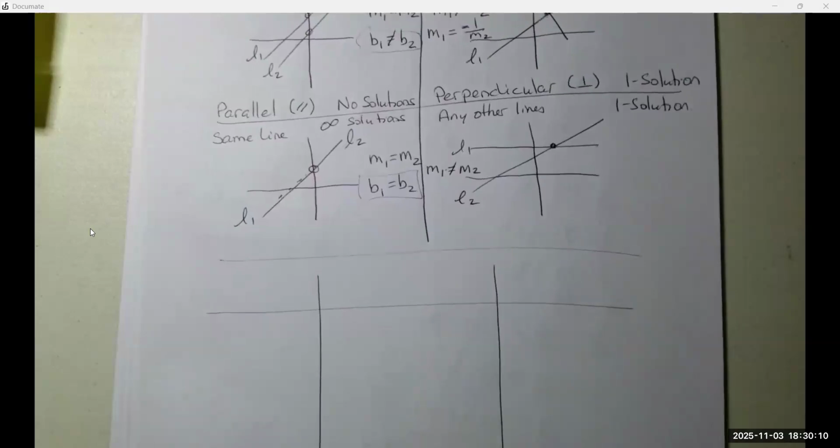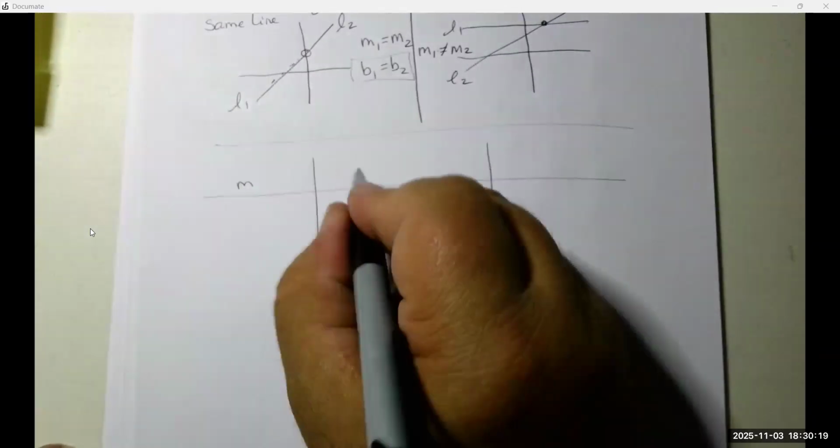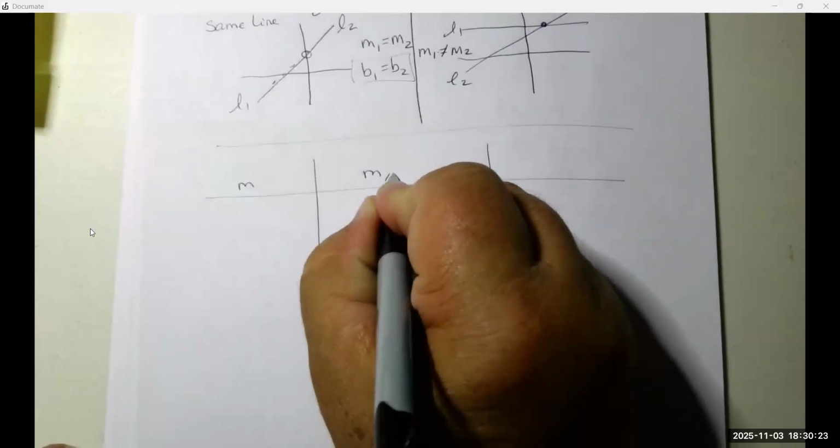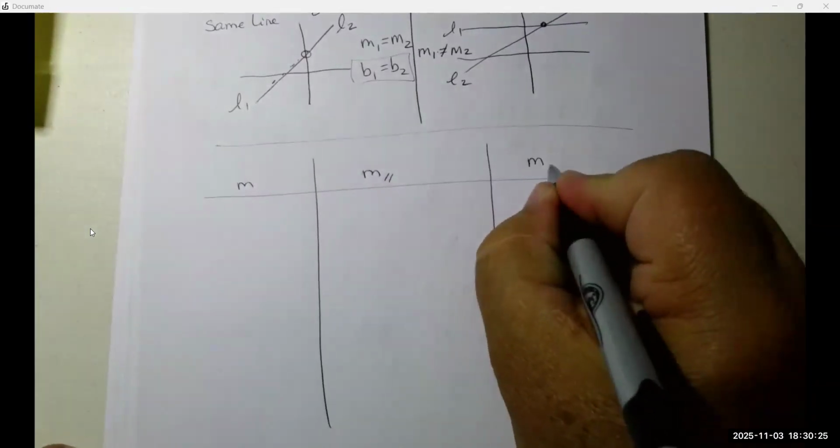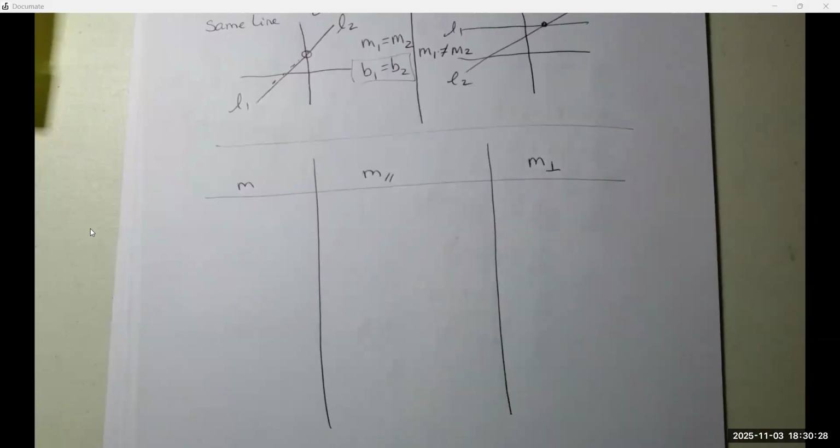So let's look at these. Here's going to be the slope given. This first one is going to be the slope parallel and the slope perpendicular.